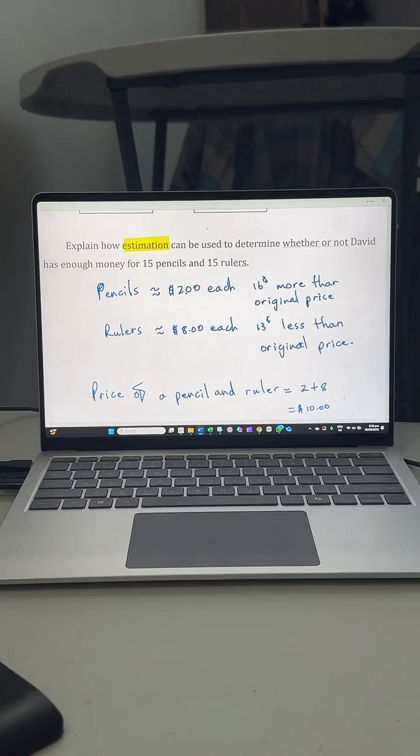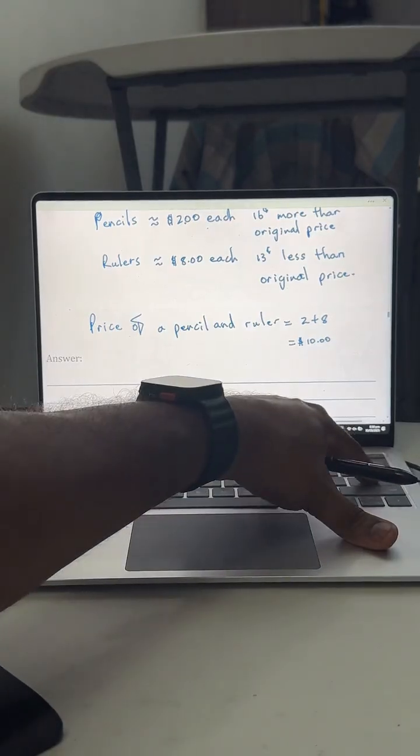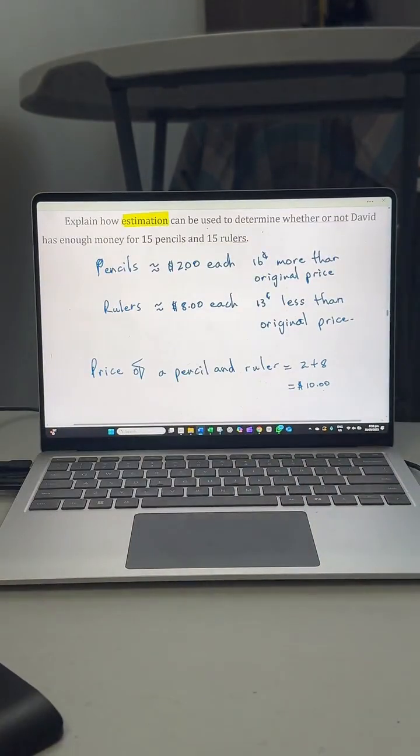Right? And we're dealing with 15 pencils and 15 rulers, right? Okay? So, could I multiply this 10 by 15? Yeah, I'm going to multiply 10 by 15.